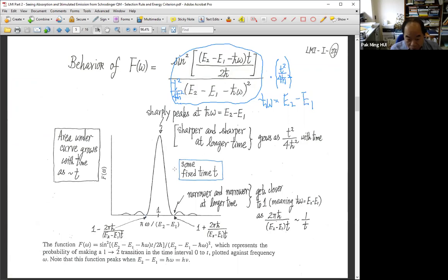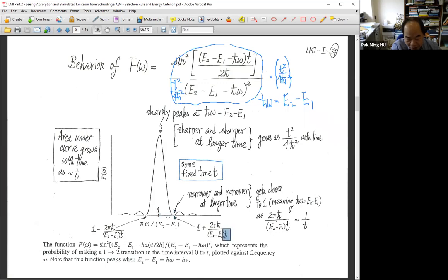So you will find that this point is the resonance point 1 plus 2 pi h bar over the energy difference, times t. Basically, it says, for the fixed time t, this range goes like 1 over t.